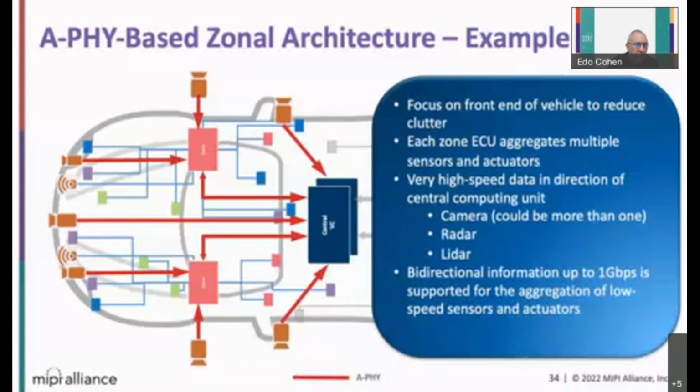So any bidirectional information up to 1 gigabit is supported also in this area, and also in these areas to the different actuators and sensors, and also being able to aggregate, for example, here 2 cameras and a radar, everything up to 32 gigabit per second can be aggregated and sent directly to the main computing unit.